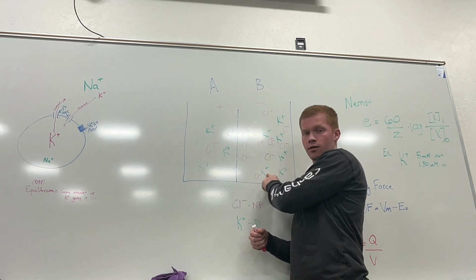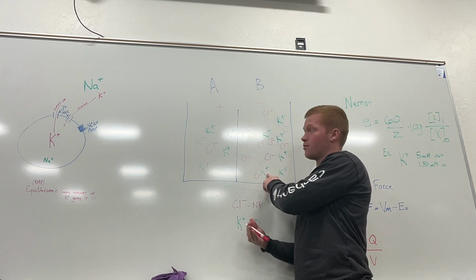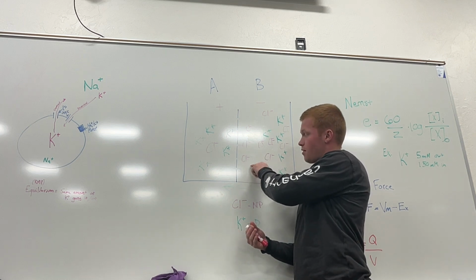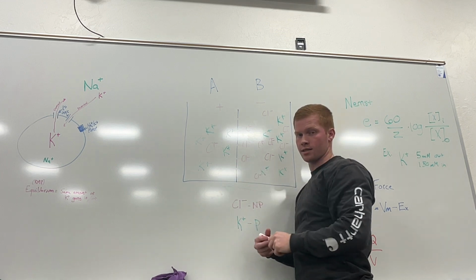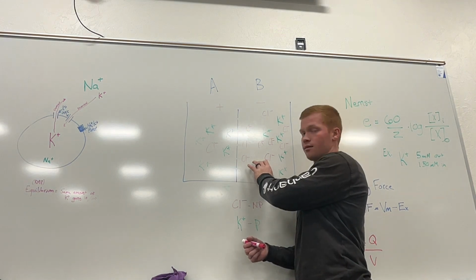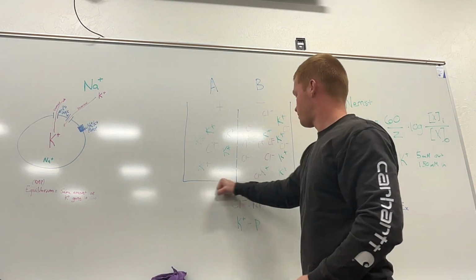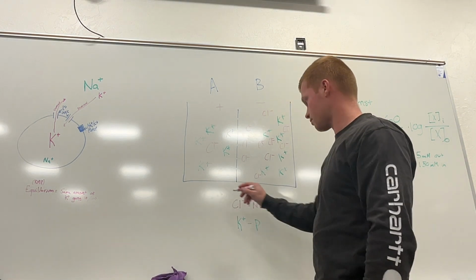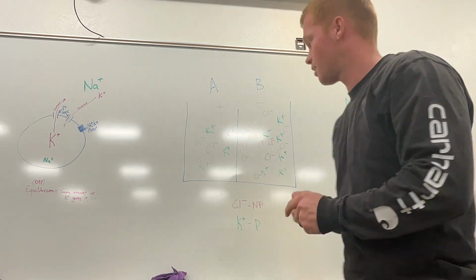These positively charged potassiums are attracted to a negative, so they're not going to want to move over. They're going to come to a point where they're not going to want to go across this membrane anymore because they want to stay where it's negative. And that is the electrochemical gradient.